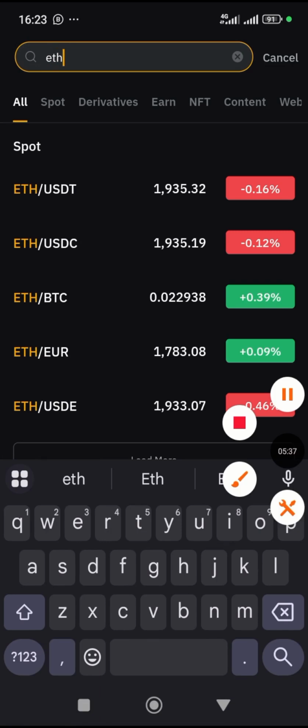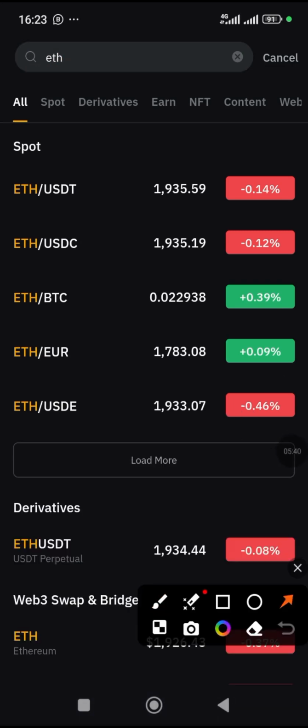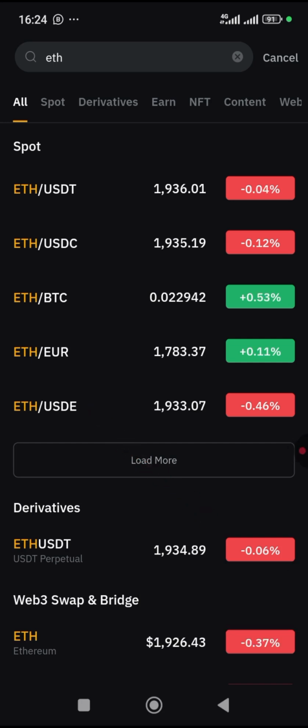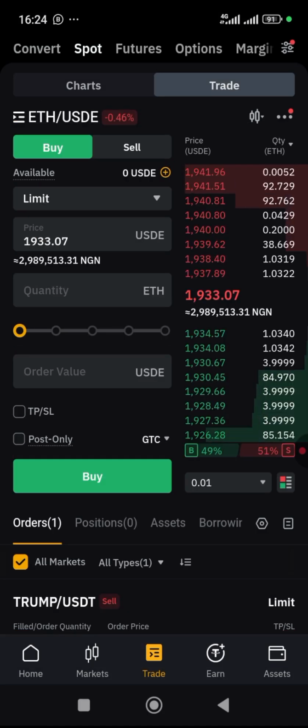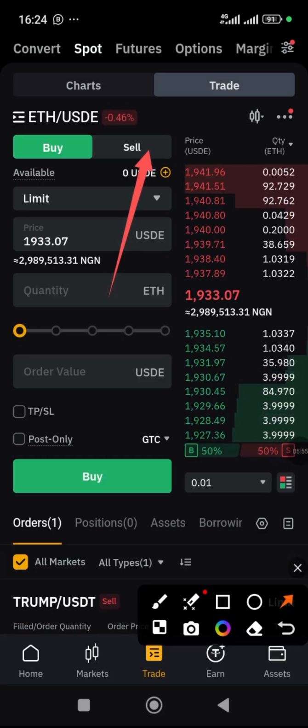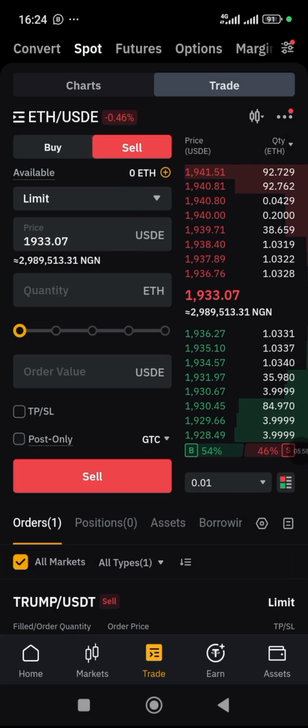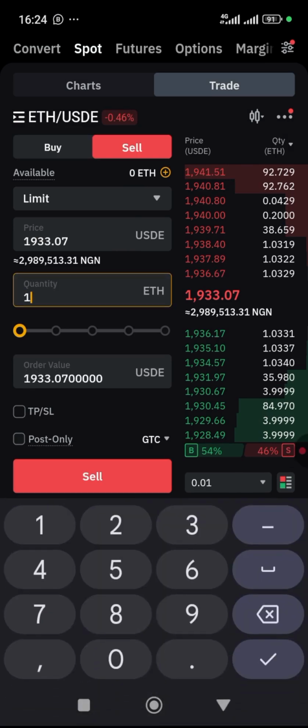Then you come to this other place. You know your USDT, you have used it to buy Ethereum in the first one. So you now come here and tap on this particular Ethereum, and come down to this section. You tap on your sell and you tap on your one Ethereum. Sorry, you buy here at 1,333.